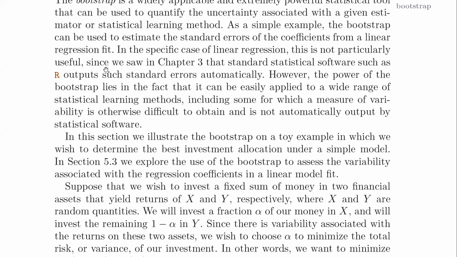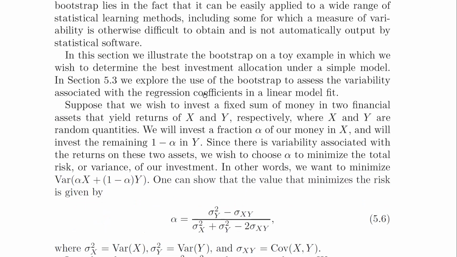However, the power of the bootstrap lies in the fact that it can be easily applied to a wide range of statistical learning methods, including some for which a measure of variability is otherwise difficult to obtain and is not automatically output by statistical software.